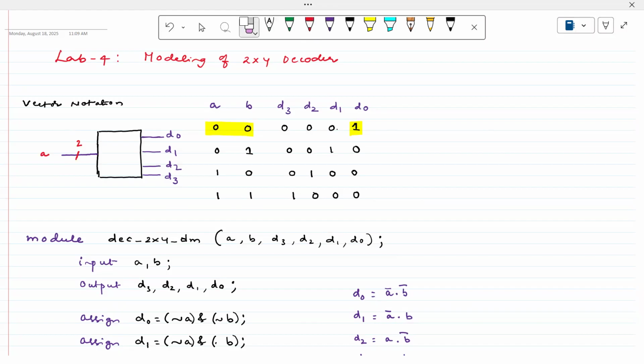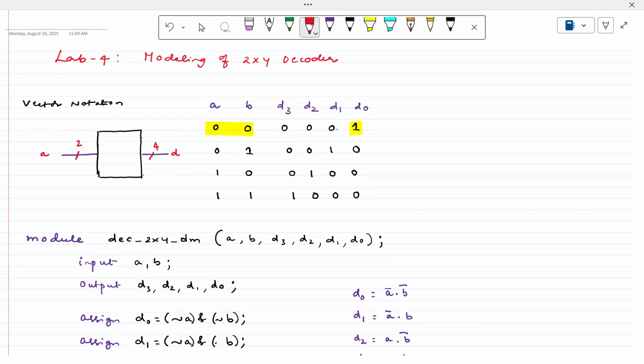Similarly, I'm going to use another line here. What is the size here? 4 size, and D here. Now, what is the representation of this?